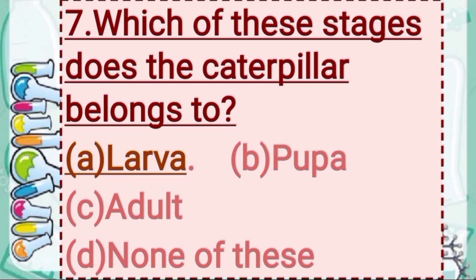Which of these stages does the caterpillar belong to? Answer is option A, larva, because in the life cycle of butterfly, the larva of butterfly is known as caterpillar.